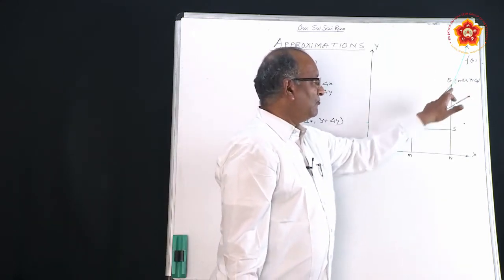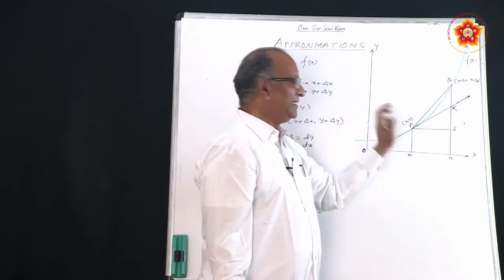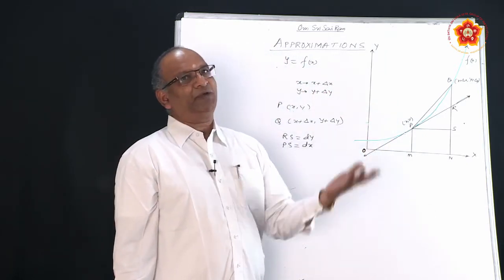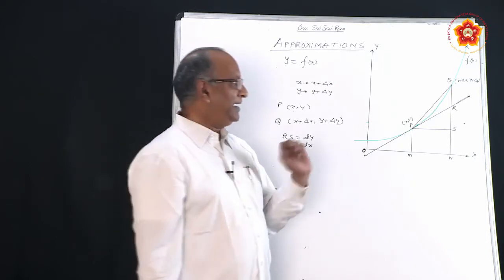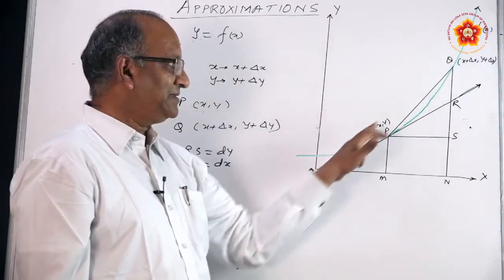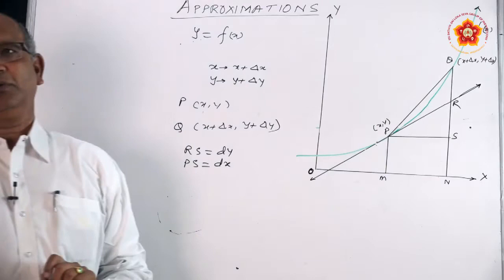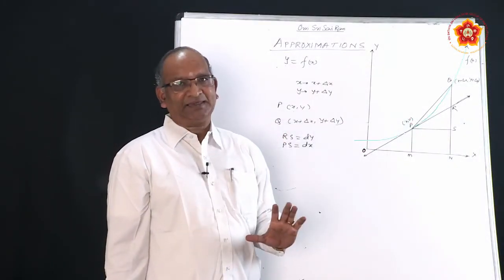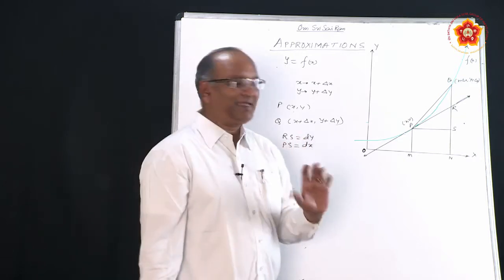It is y plus delta y minus y, which gives delta y, and x plus delta x minus x gives delta x. So, delta y by delta x is the slope of the secant.